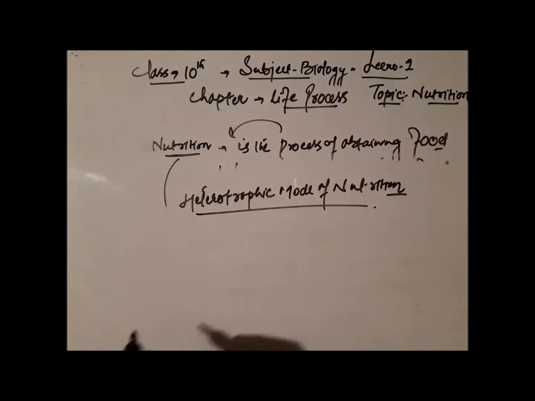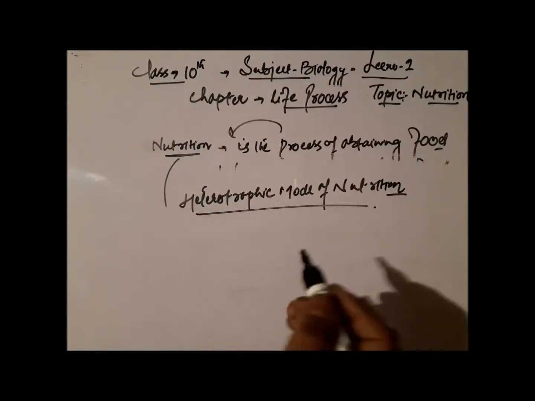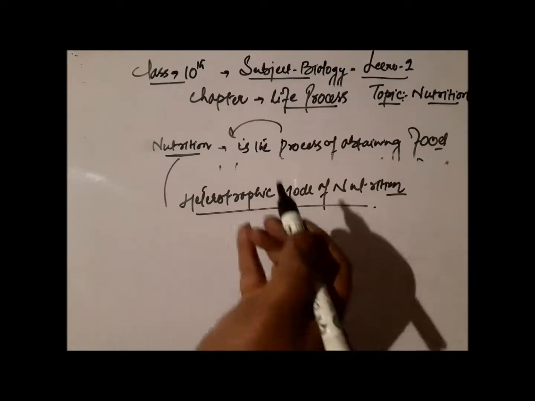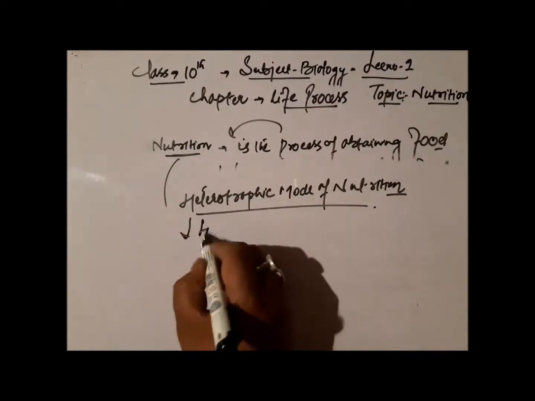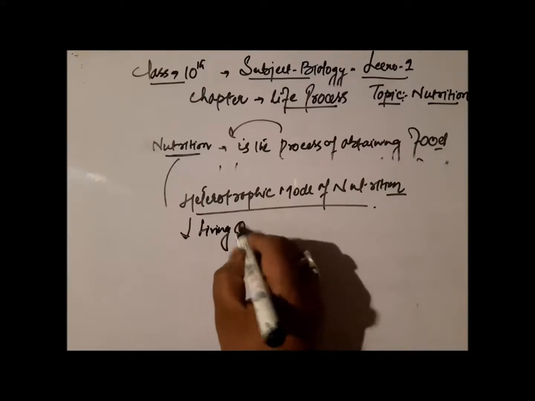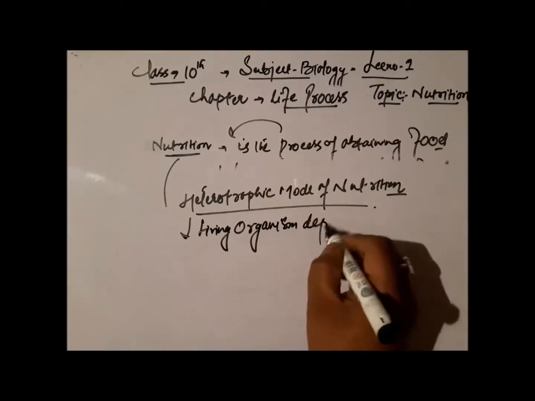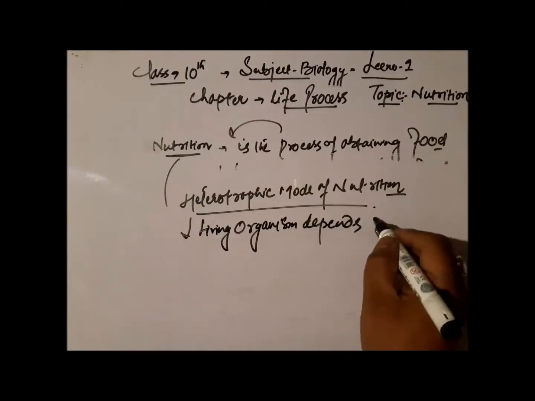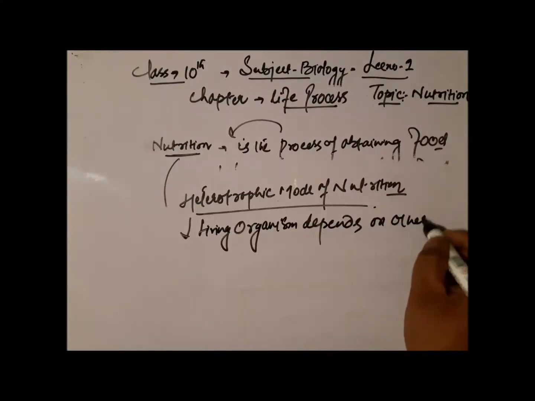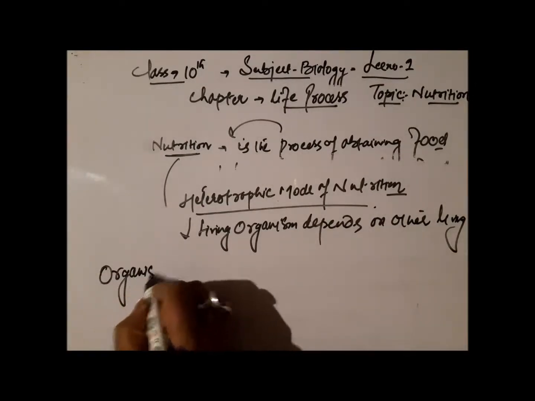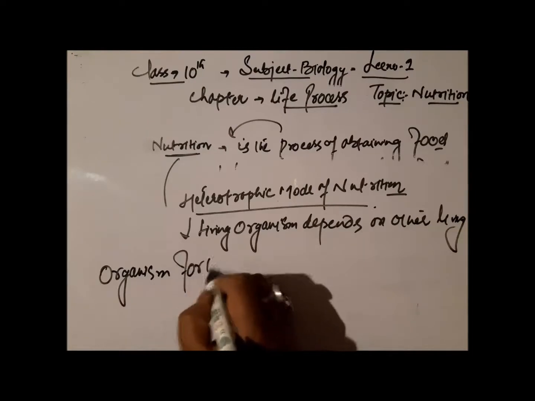Heterotrophic mode of nutrition is a mode of nutrition in which living organisms depend on other living organisms for their food.